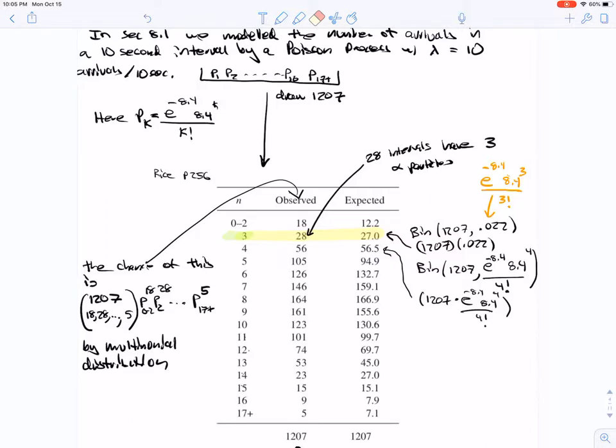So we lightly looked at, in section 8.1, an example of a chi-squared situation, where we modeled the arrivals of alpha particles in 10-second intervals as a Poisson process, where lambda was something that we needed to estimate.